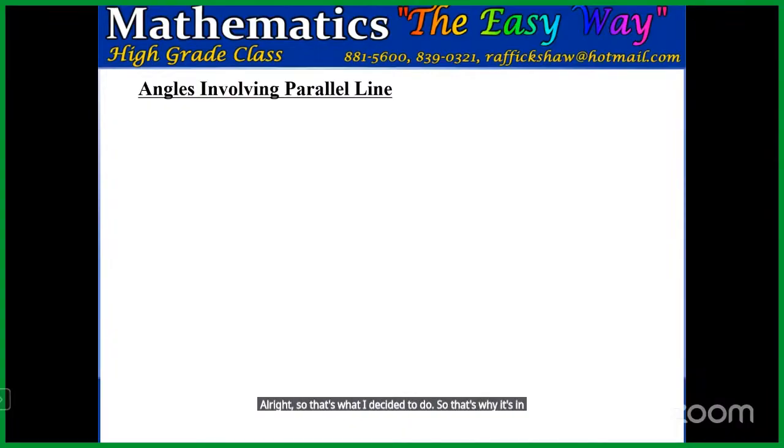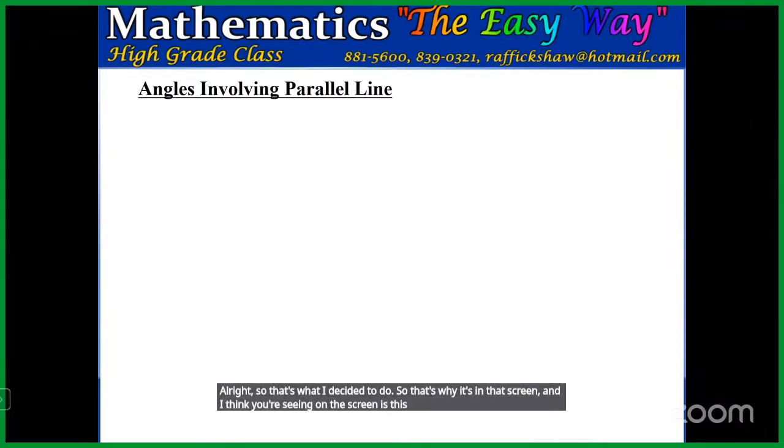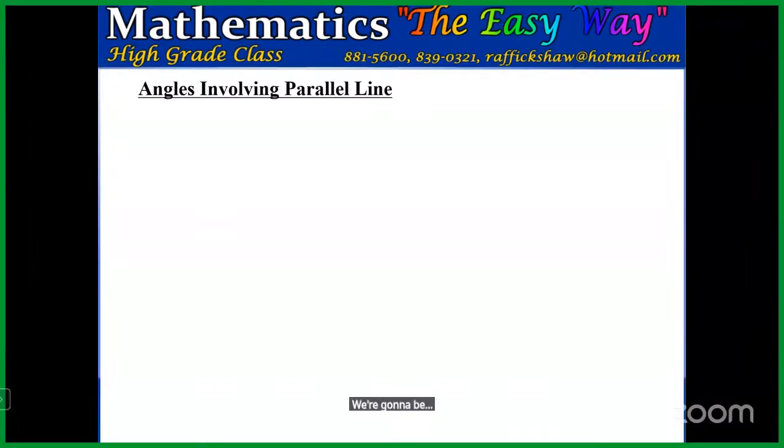One of the things you're seeing on the screen is this. When we're doing trigonometry, we're going to be encountering a lot of situations with parallel lines. There are some angles that I want us to identify, your expected angles, and use them to do your calculation. I'm not going to show you every angle.